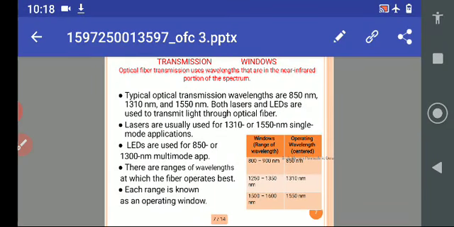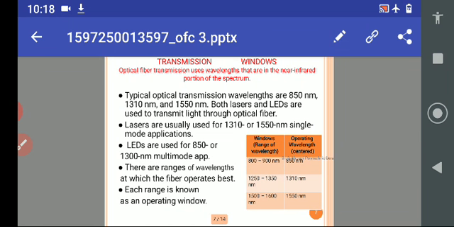So transmission window is basically a range of wavelength. From the last slides we have seen that the IR region has a range from around 800 nanometers to around 1600 nanometers with many different wavelengths, and so we have to choose a certain set of wavelengths within the range.